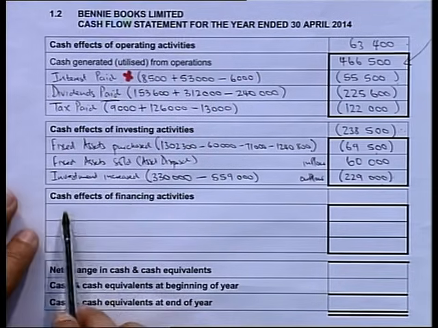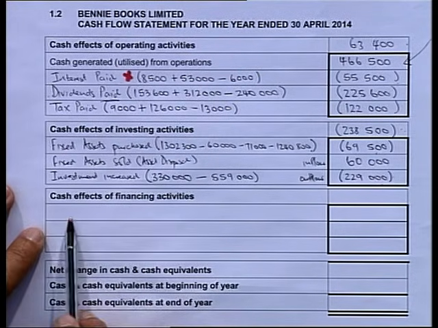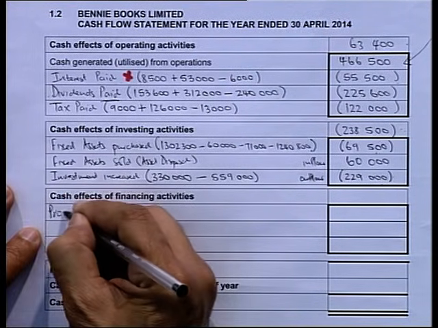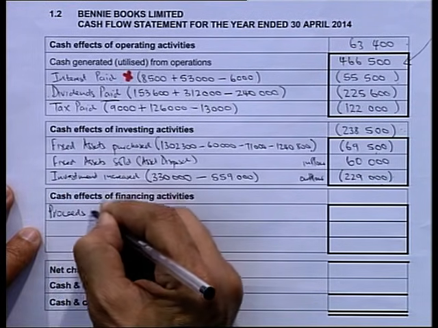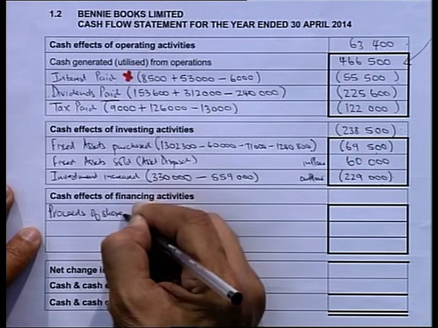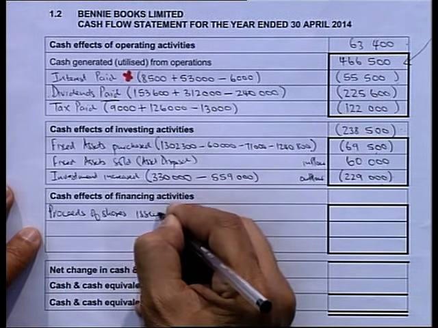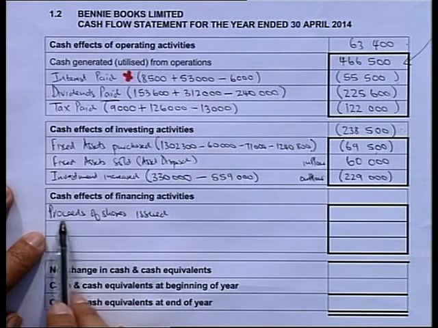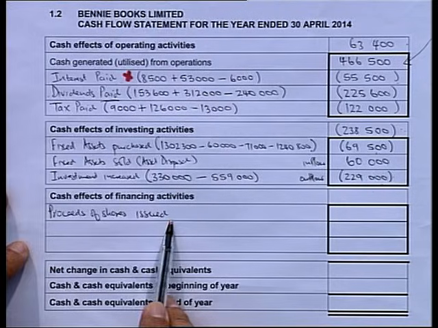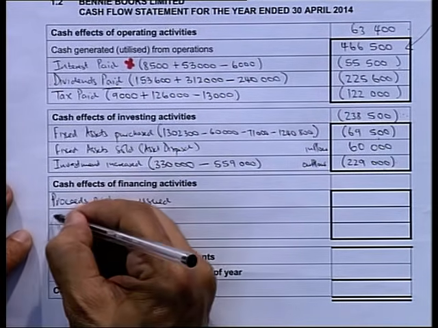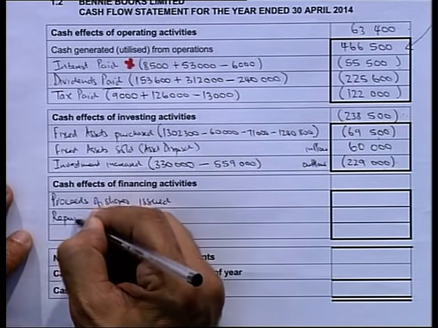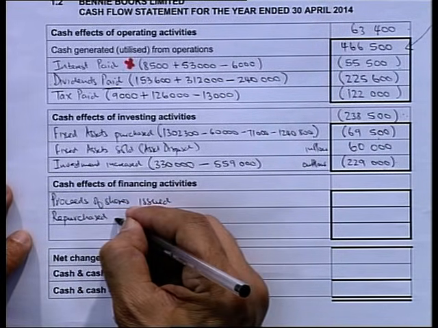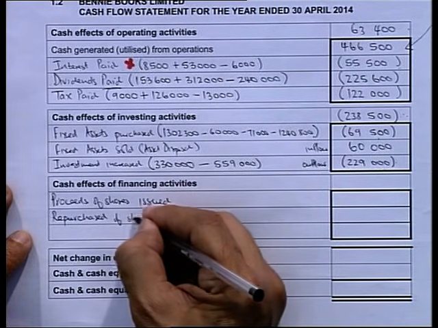Okay. Last section of the cash flow, again 3 lines. So it's going to be proceeds of shares issued. In other words, the amount of money that we received when we issued the extra shares. And it's going to be the amount of money that we spent, repurchase of shares.